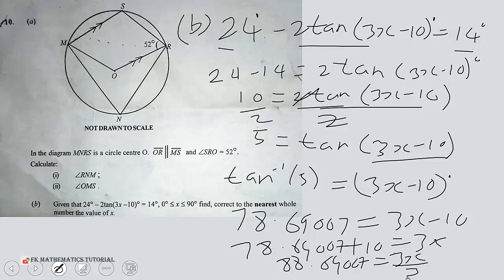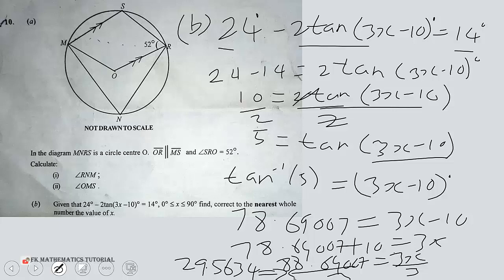Dividing both sides by 3, we have 88.69007 divided by 3, and that will give us 29.563, 29.564 is equal to x.